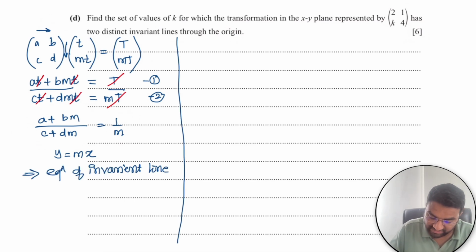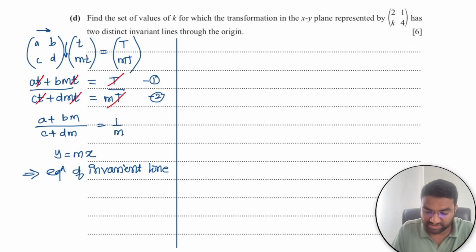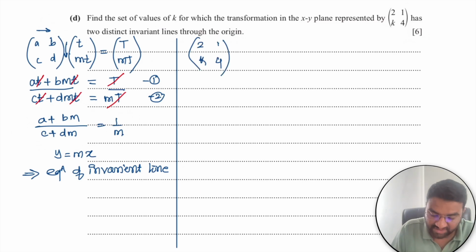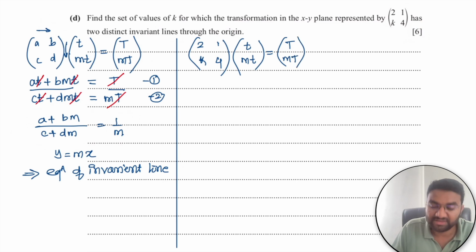So we will solve this question. Here we have the matrix 2 1 k 4. These points are given, and here we have (t, mt) transforming to (capital T, mt), isn't it?